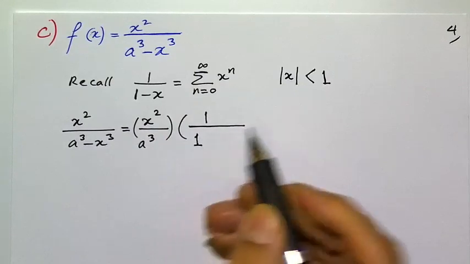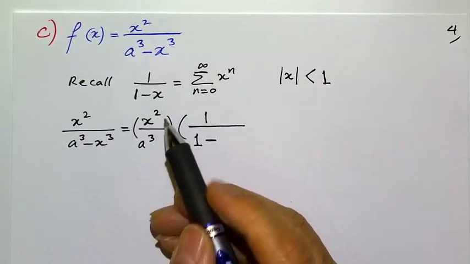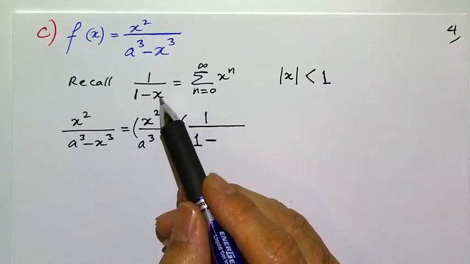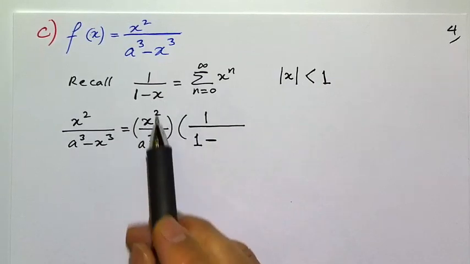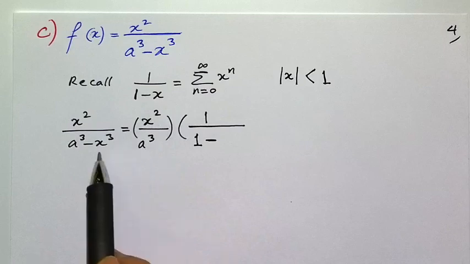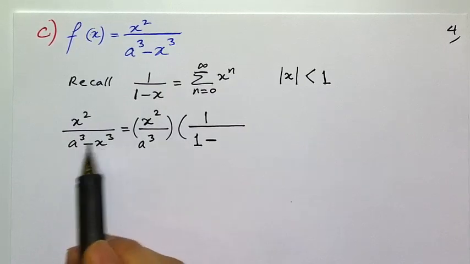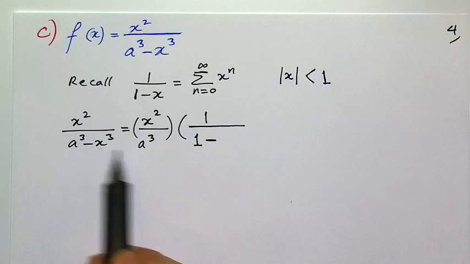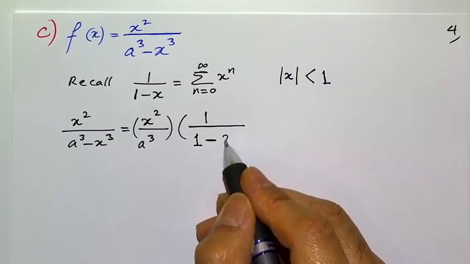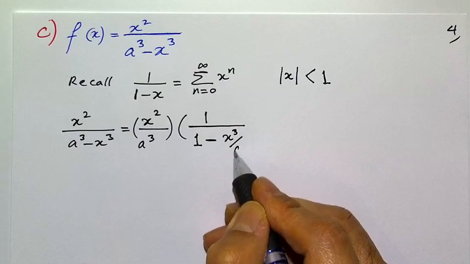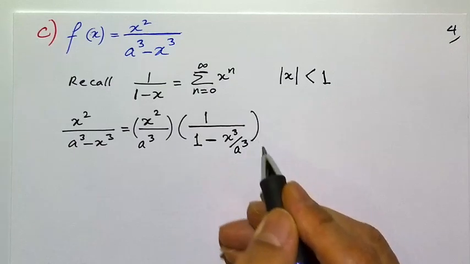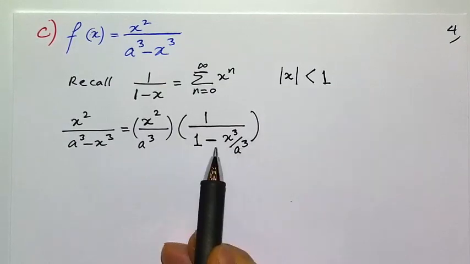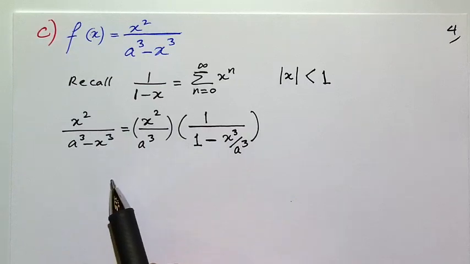We have to have a 1 here. What about here? What about x? What should we have there as we factor out a cubed? As we factor out a cubed from this denominator, what should we end up with here? Well, we need to get rid of this, so we need to have x cubed over a cubed. And now when we distribute this, we end up with minus x cubed, which is what we want.